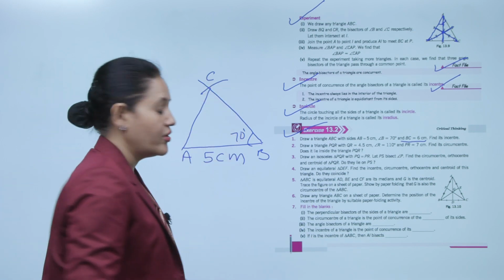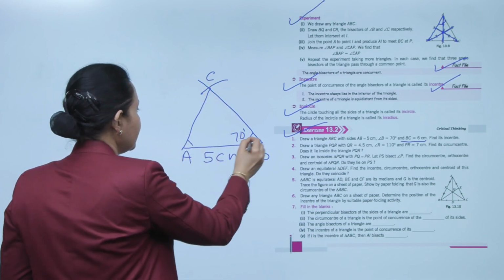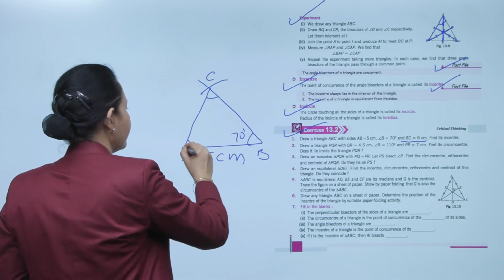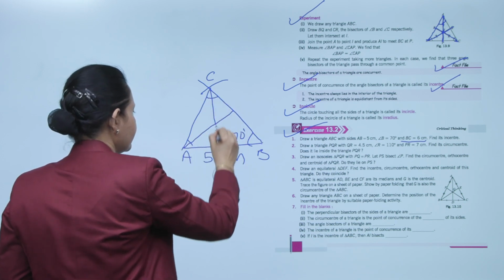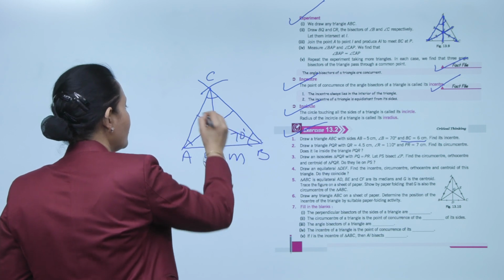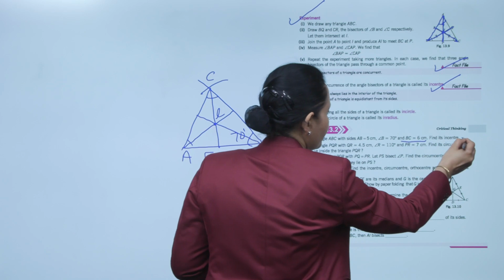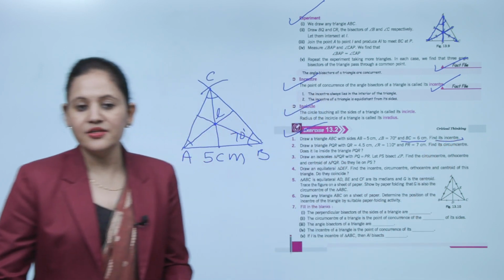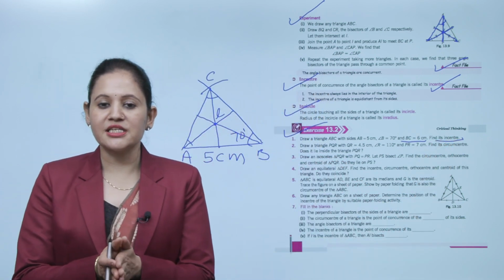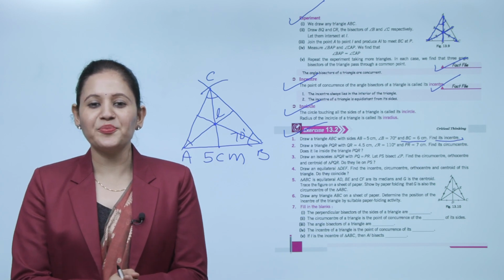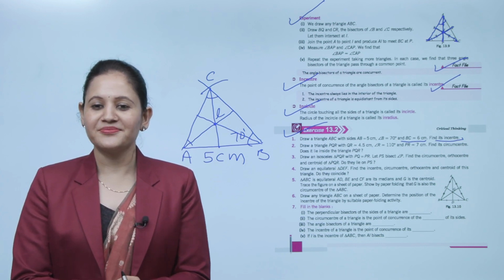Now what will we do? We'll bisect these three angles. So this point L will be the in-center of this triangle. Clear? So practice all the questions of this exercise. Here we end the chapter. I hope you understand it well. Now go and practice it.